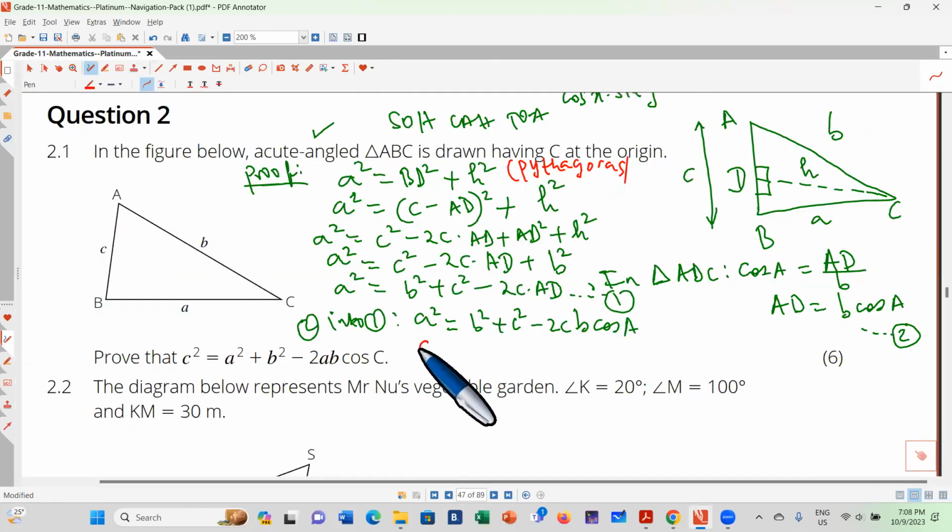So here we've just written that a squared is equal to b squared plus c squared minus twice bc cosine A. So this here is the result.